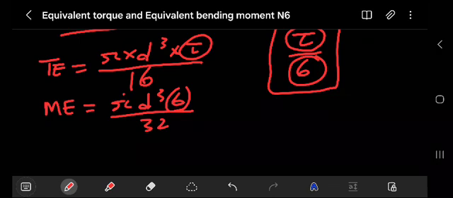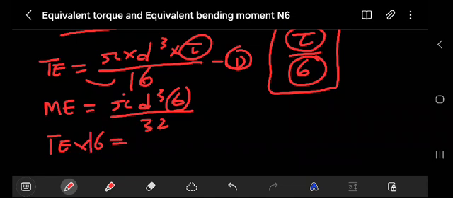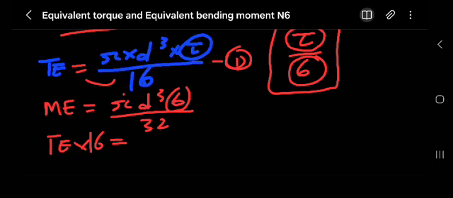Okay, no, let me multiply this side. I'll have TE multiplied by 16. I'm dealing with this one, multiplied by 16 there. Then I'll be left with, I'm working with that one first.